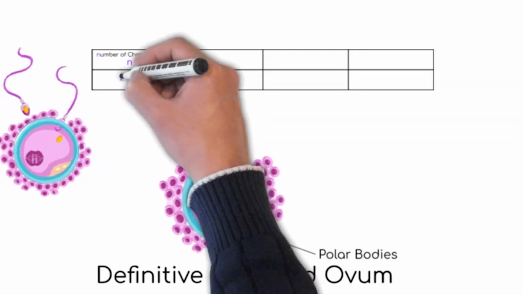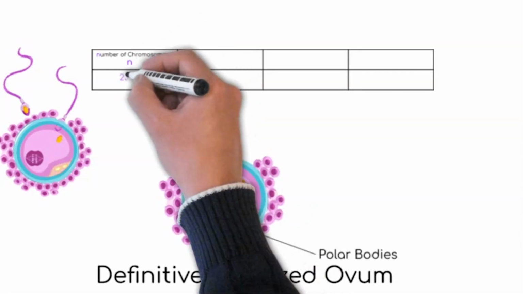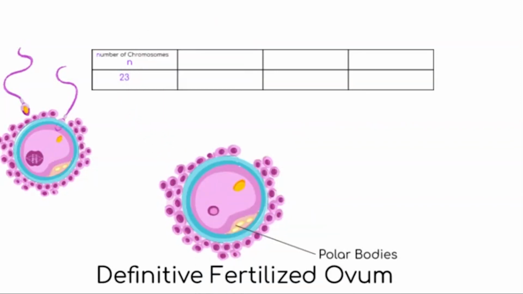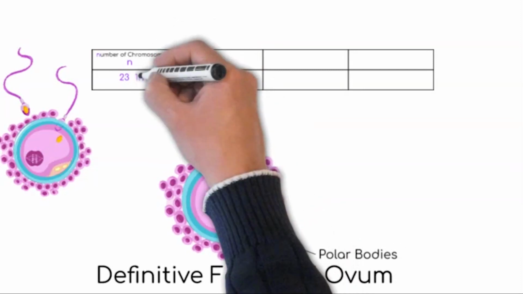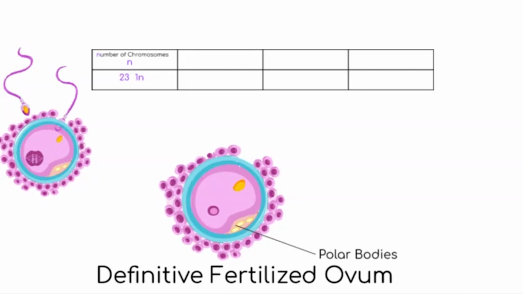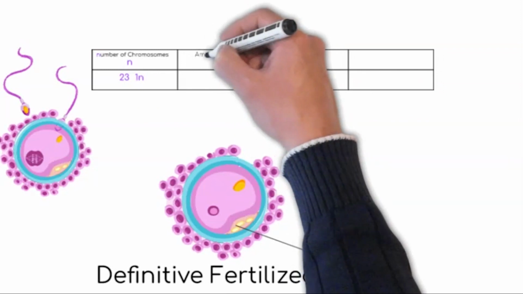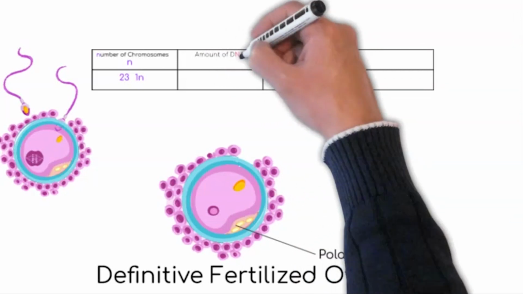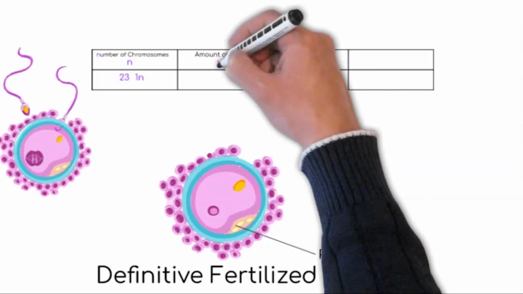So the designation for the small n, or the number of chromosomes, is how many? 1 or 2? Small n or big N? The small n, number of chromosomes. 1n, right? And now the big N, which is the amount of DNA, what is it now?